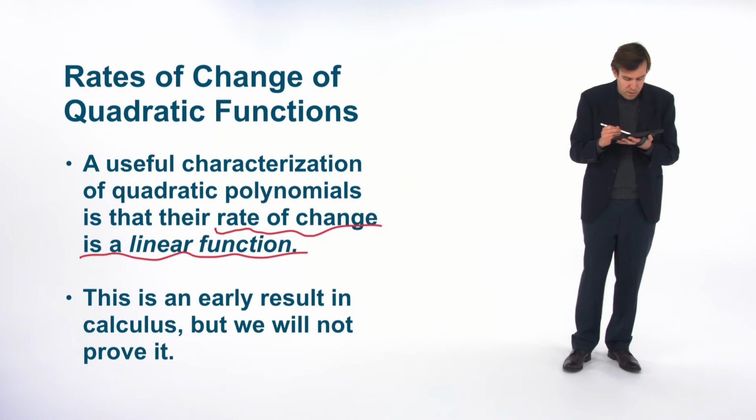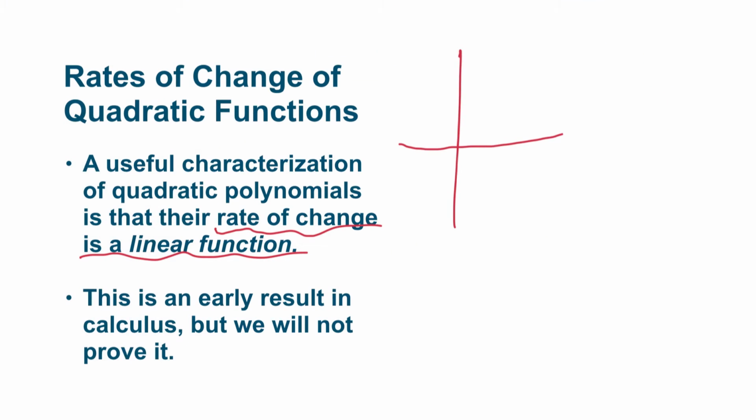The quadratic function, something like this, has a rate of change, and that rate of change is not constant. It says that the step size here and here is growing like a linear function, the slope of this line.